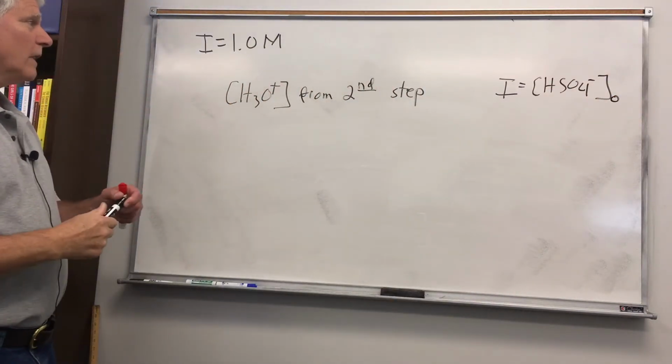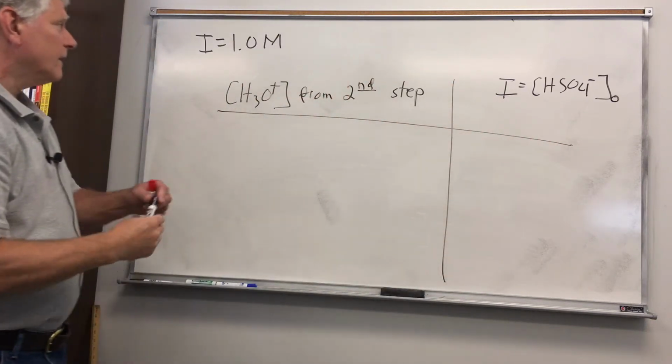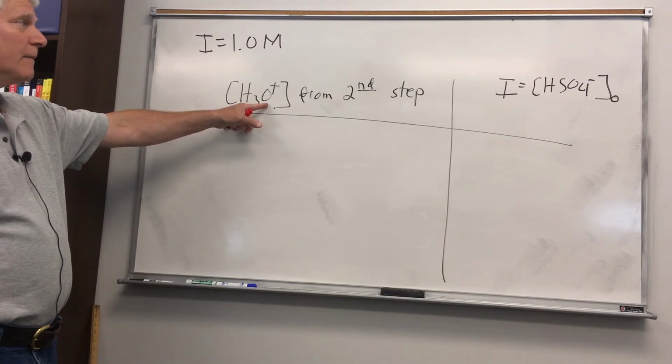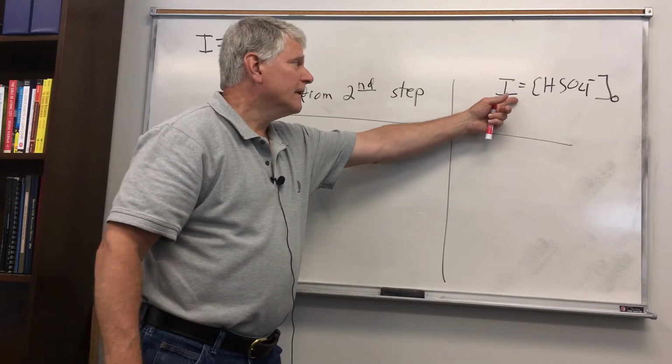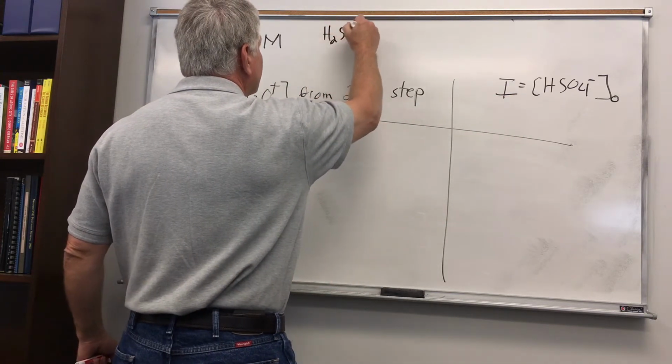Okay, so we'll have this table. So this is the amount of H3O+ coming from the second step of the H2SO4 reaction, and this is the initial concentration of HSO4-. And remember, we have these two reactions.